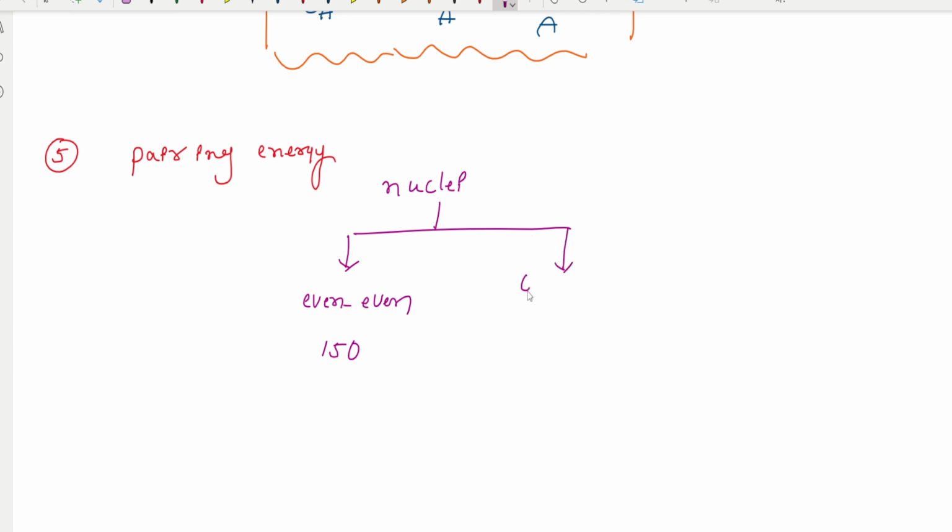In case you observe odd-even or even-odd, the number is 52, 55. And if we consider odd-odd, the number is 5.